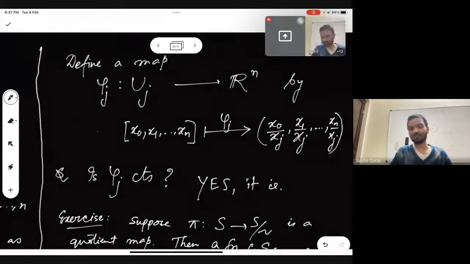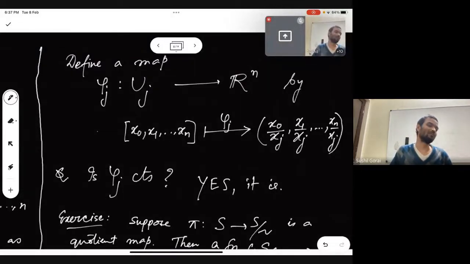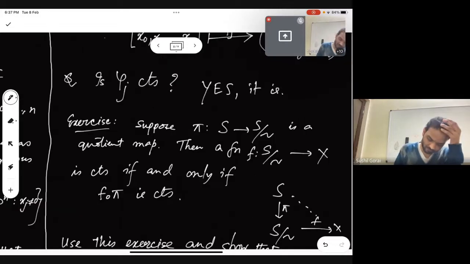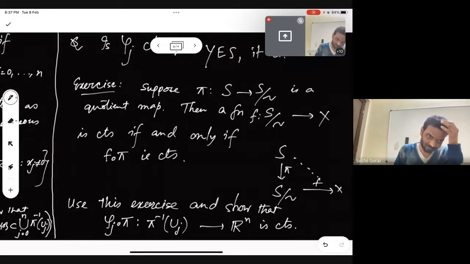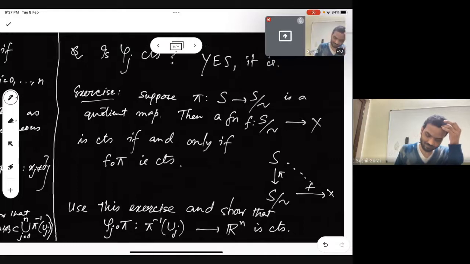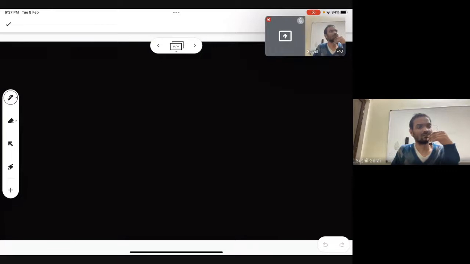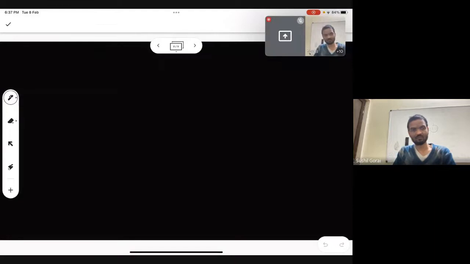Now whether this is invertible, what will be the inverse of this? What will be the inverse of this one?